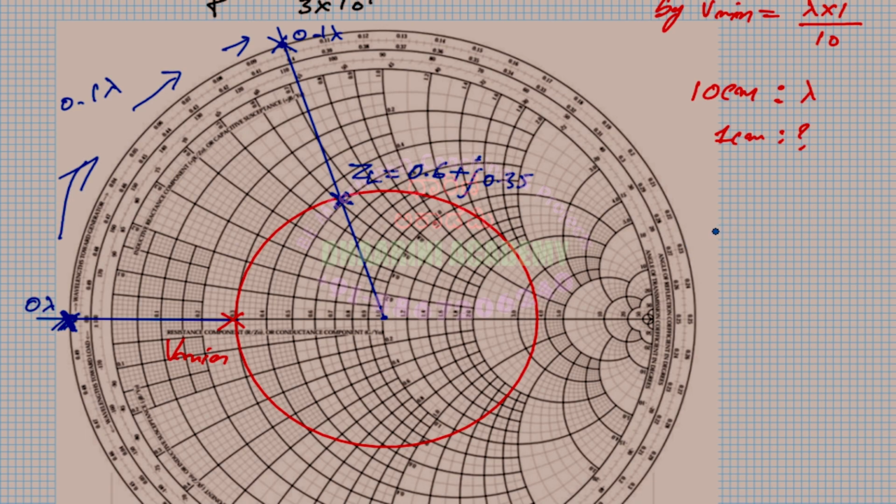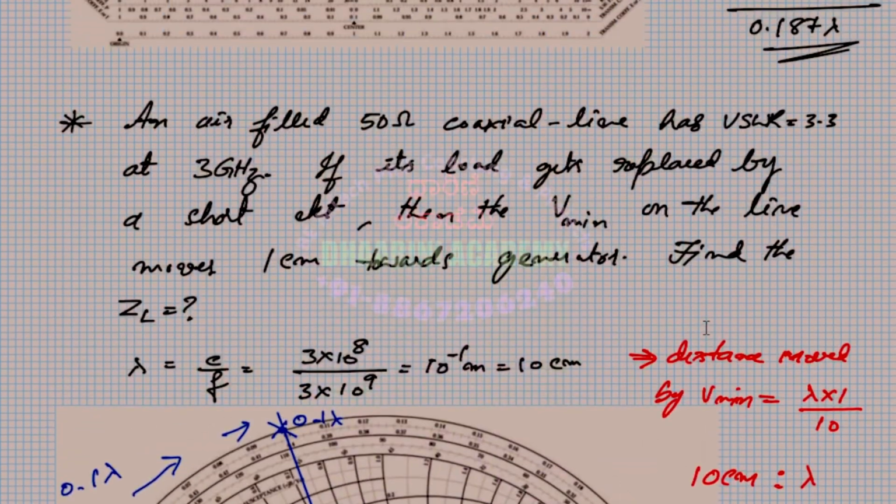So from the graph, whatever ZL we measure is the normalized impedance. Okay, so this might vary, right? Mine is not accurate. Maybe yours is accurate. Okay, so 0.6 plus j 0.35 is the load impedance that we are measuring from this graph. Okay, that's the question which has been asked.